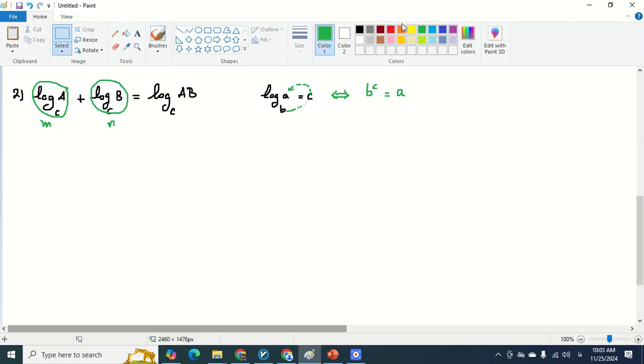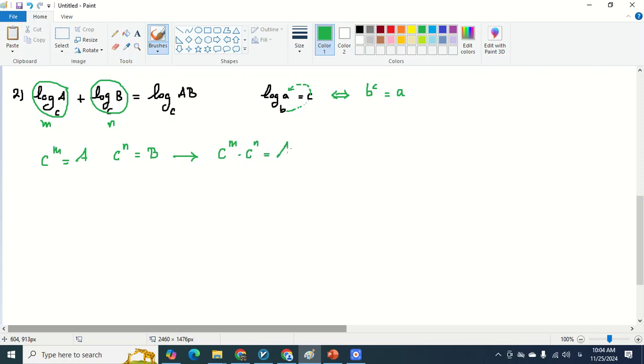By that definition we realize that c to the power of m is equal to capital A, because the expression is equal to m. And for the second one we realize that c to the power of n is equal to capital B. Right now if I multiply these two terms, you can see that c to the power of m times c to the power of n is equal to a times b.